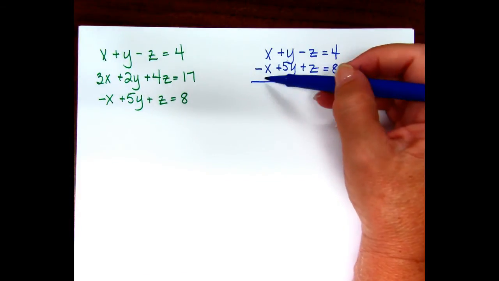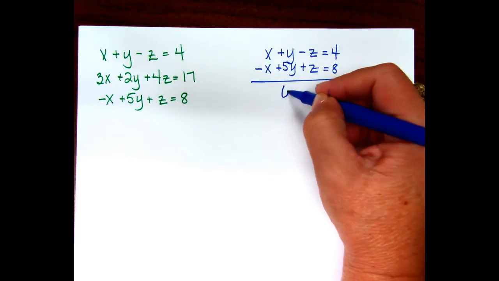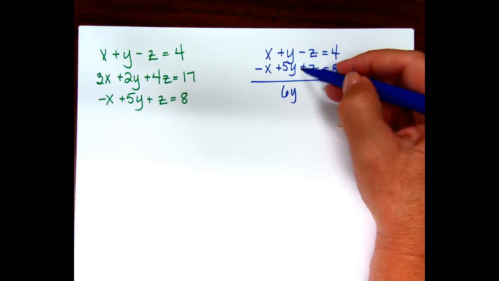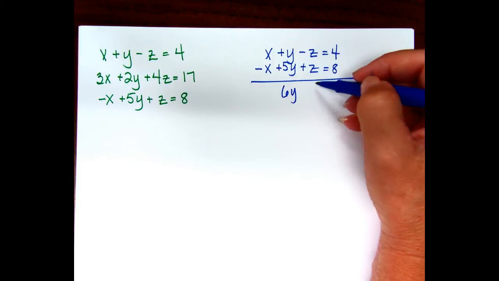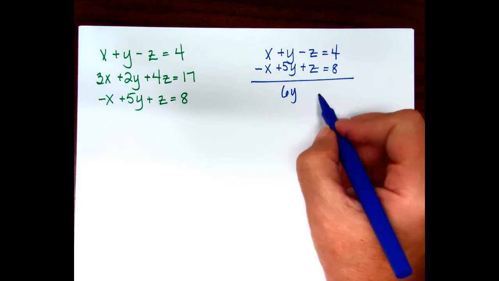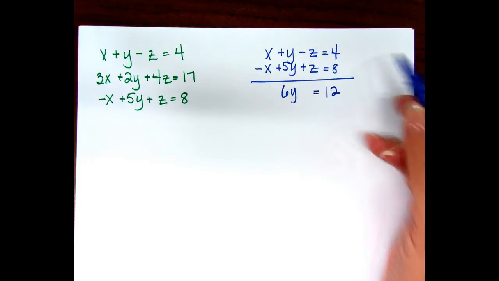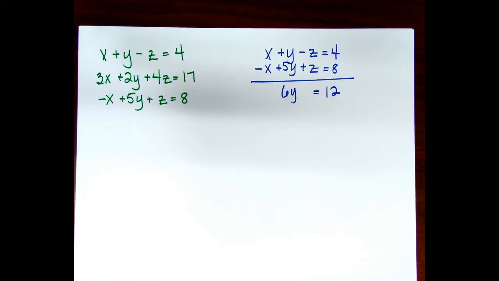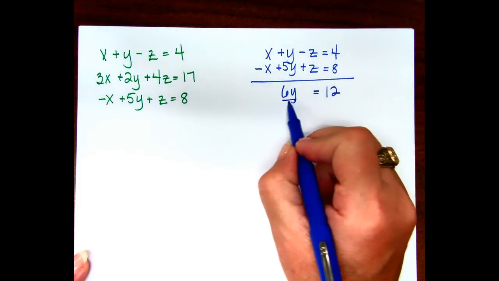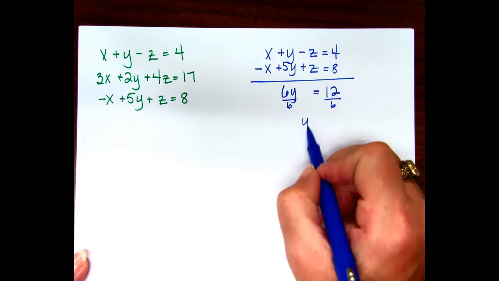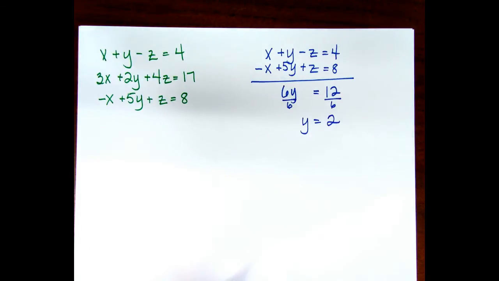That's 0, isn't it? This is 6y. Look at that. Equals 12. I just eliminated 2 variables, didn't I? If I divide both sides by 6, I get y equals 2.